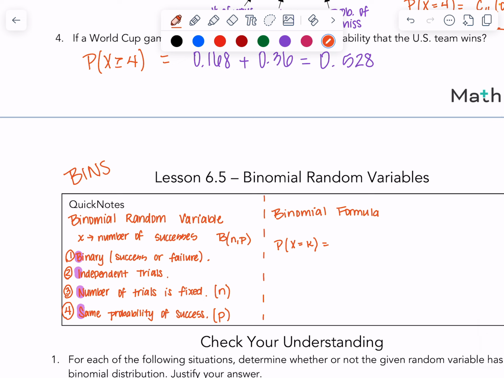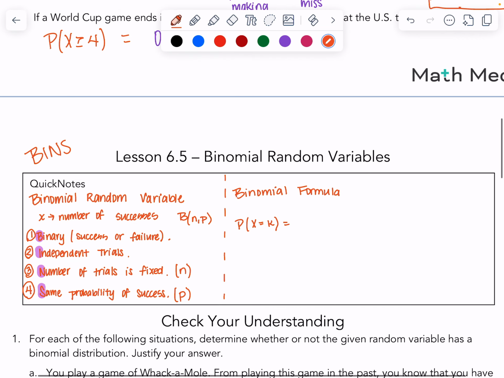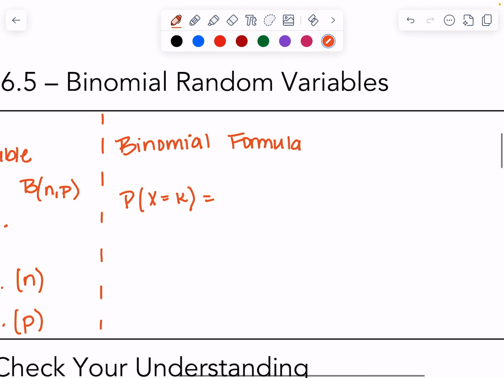The formula, we've actually already talked about a little bit. Remember that this piece right here means the number of ways, and sometimes this is R, just so you know. K and R mean the same thing.